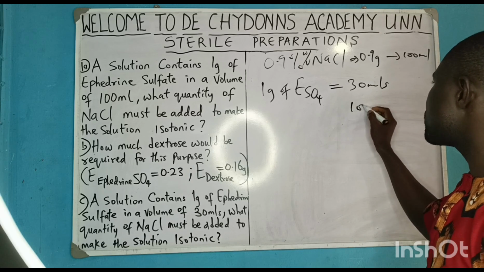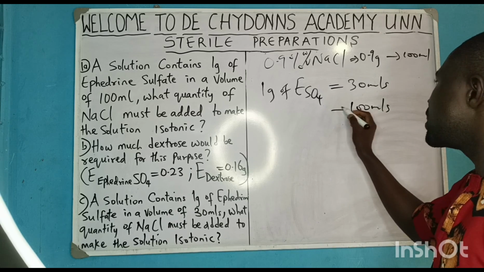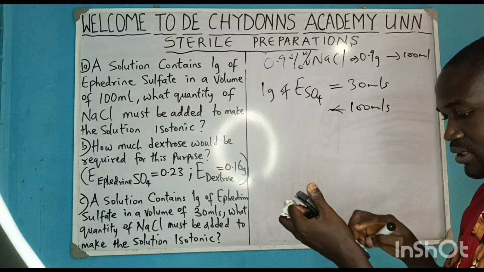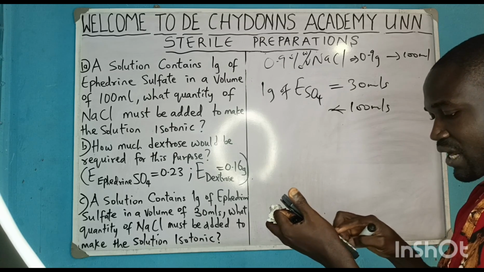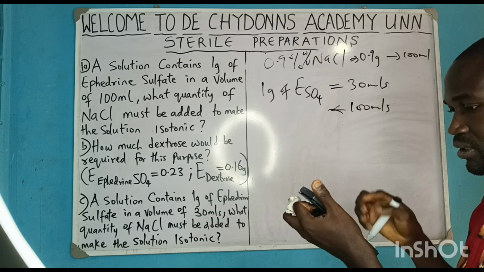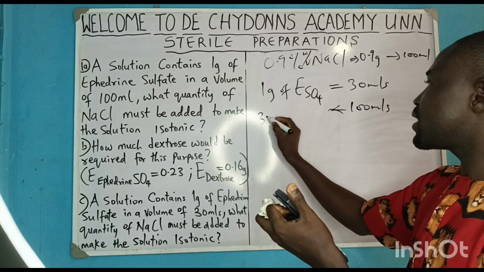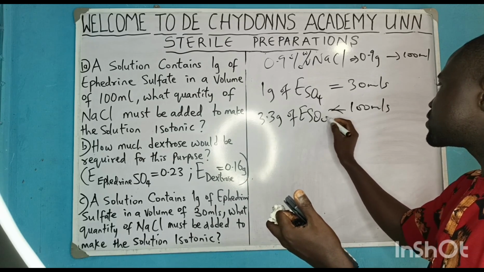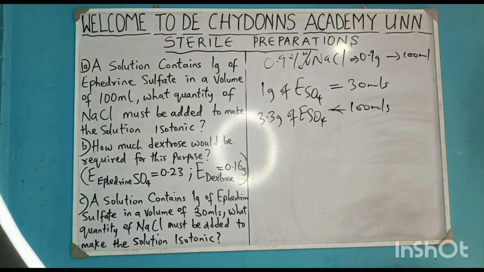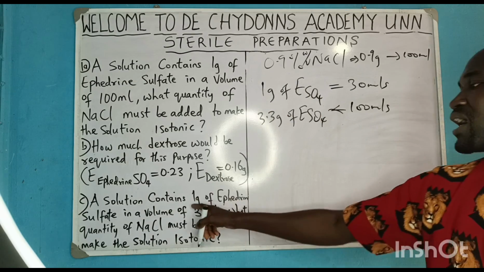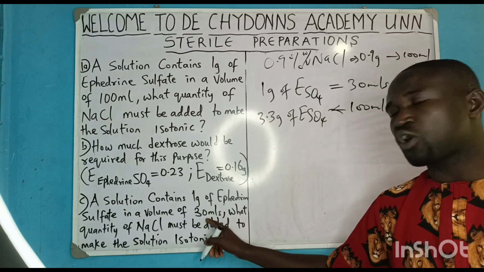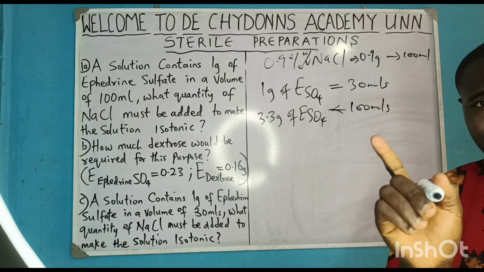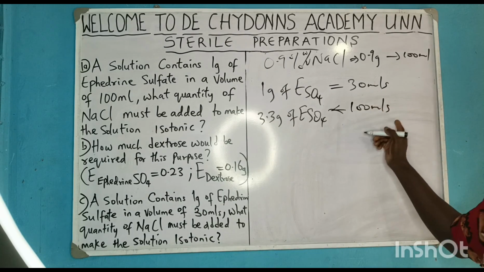We say in 100 ml, what will it give us? 100 divided by 30, that is 3.3 gram of what? Ephedrine sulfate. That means I have succeeded to make this 1 gram of this in 30 ml to be in 100 ml. That is rule number 1. You must make it to be in 100 ml.